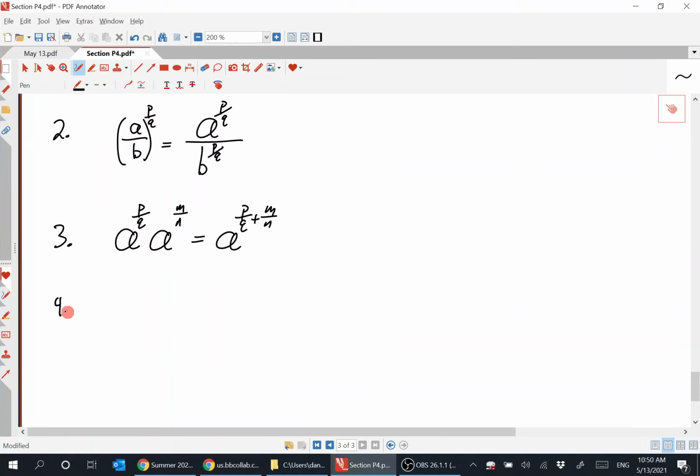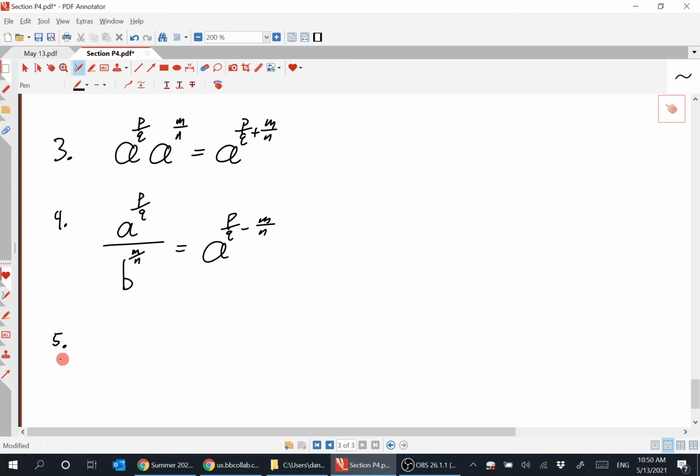Number 4, this one as well, the thing about subtracting exponents. a to the p over q over a to the m over n is equal to a to the p over q minus m over n.